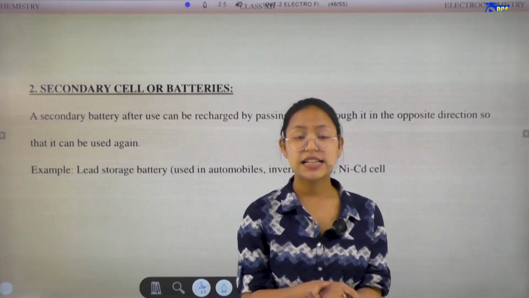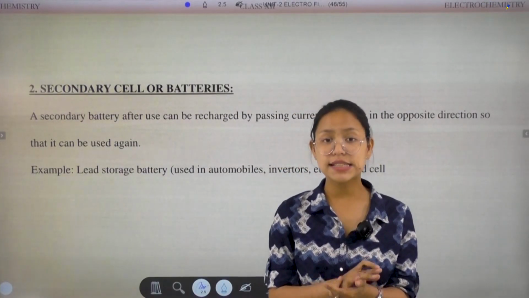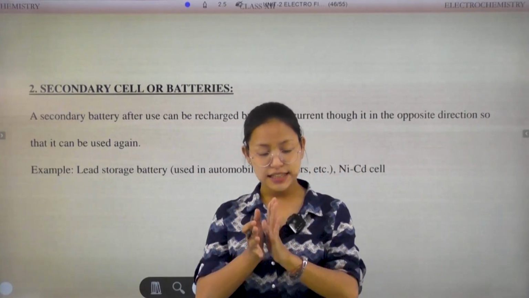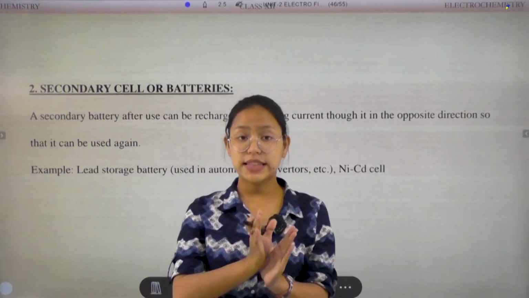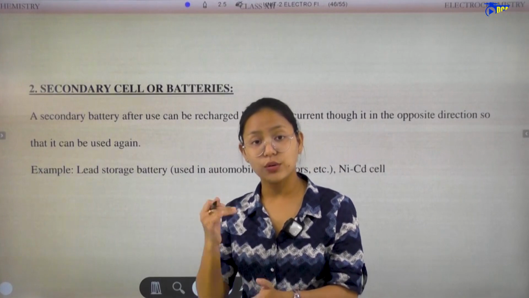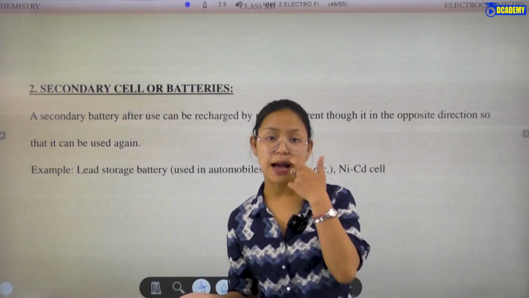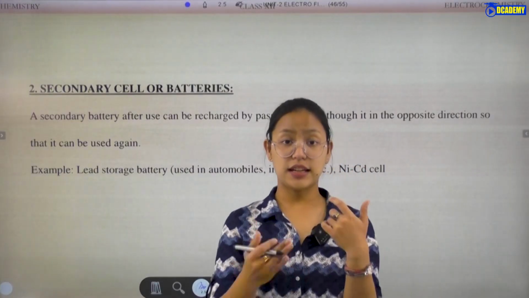That type of cell will be known as what? Secondary cell. So a secondary cell is one we can use again and again.